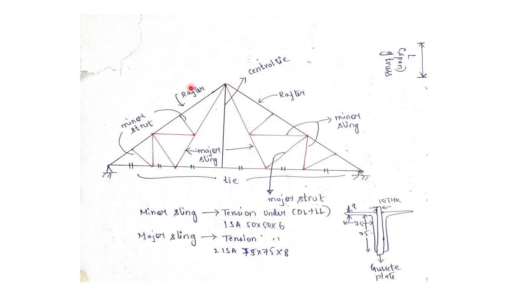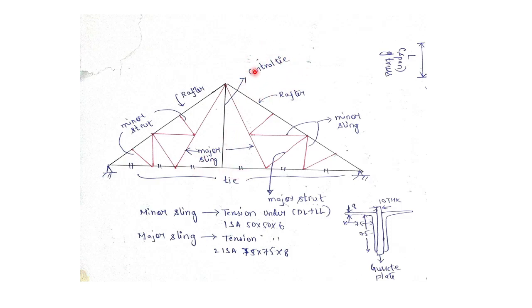The upper part is the rafter, which takes compressive force. And as we all know, truss members only take axial forces. Now, this is the central tie, and it is used to prevent the sagging or deflection of the tie member.